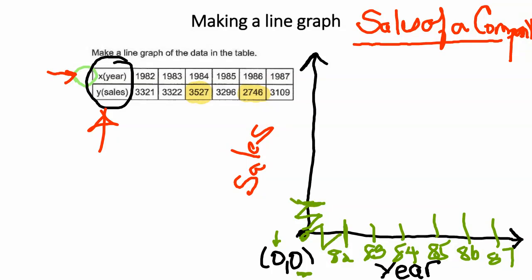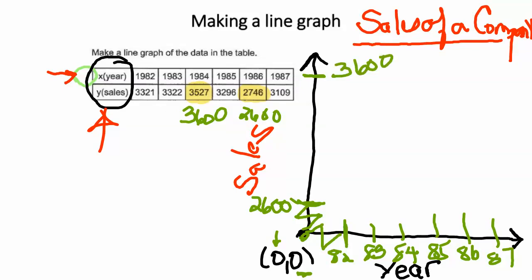So what I'm going to do is I'm going to put 2600 here. I'm going below. I am going to go from 2600 to 3600. Now notice how I picked those. Between 36 and 2600, I have 1,000. That means I can evenly space these out. That means way up here, this is going to be 3,600.